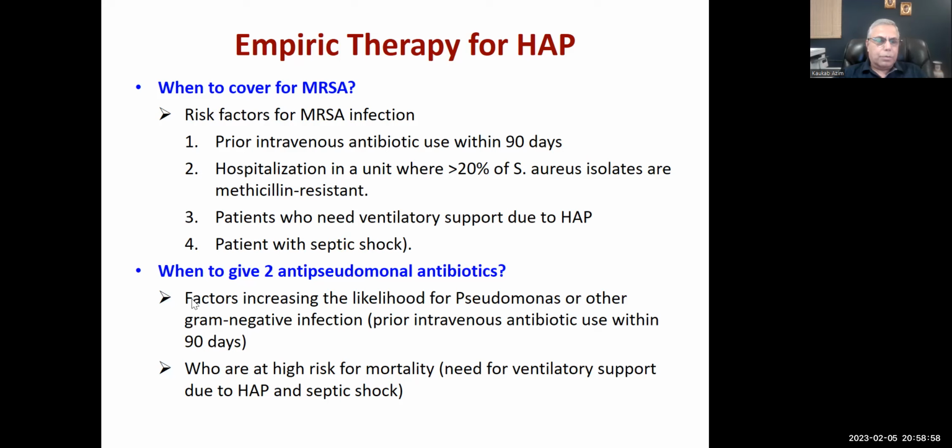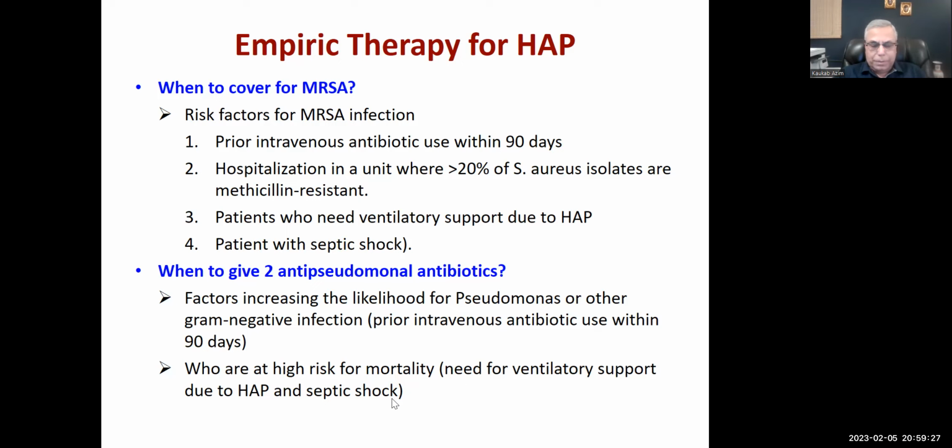Okay, so when to give two anti-pseudomonal antibiotics for increasing the likelihood for Pseudomonas or other gram-negative infection, factors increasing the likelihood. Okay, so we have seen that we are combining beta-lactams, piperacillin, ceftazidime with aminoglycosides. Okay. And in those patients who are high risk for mortality, very ill, very old patient, okay, patients in septic shock.